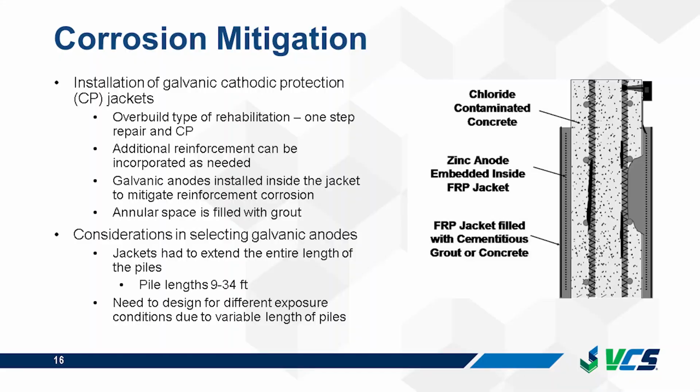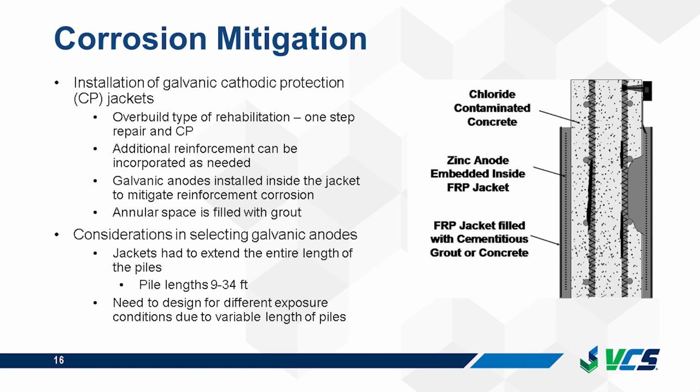So there were several considerations in selecting the specific type of CP jacket. The DOT required that the jackets extend from just below the cap all the way to 1 to 1 1/2 feet from the mud line. So the entire pile length had to be encapsulated.